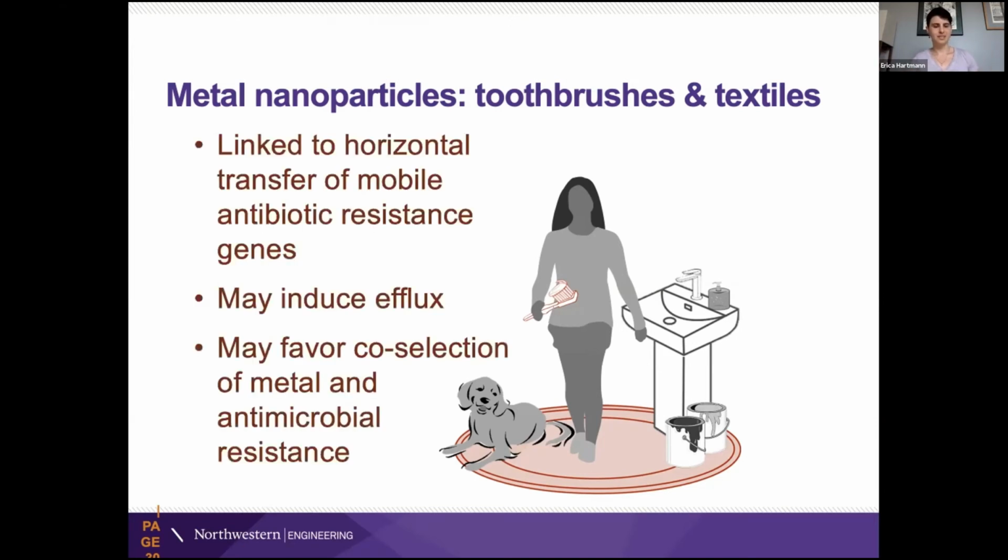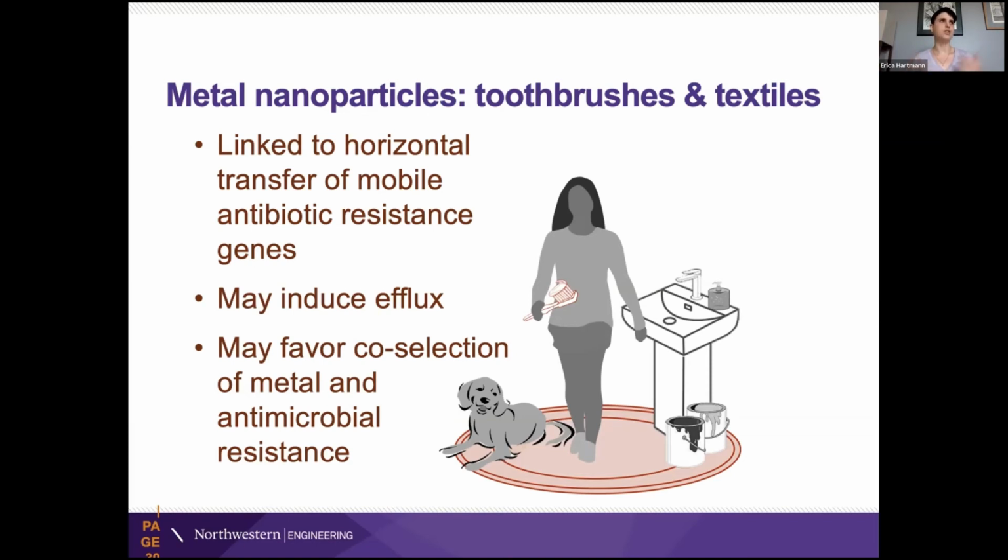So, of course, not surprisingly, the exposure to metal nanoparticles or metals in general is also linked, much like with benzalkonium chloride and triclosan, to horizontal transfer of mobile antibiotic resistance genes. So just a general stress tolerance mechanism. Bacteria get stressed, they start sharing genes. Also, exposure to metals may induce efflux.